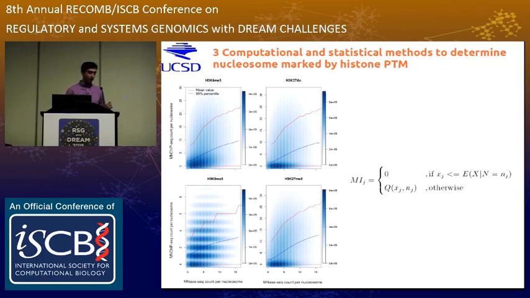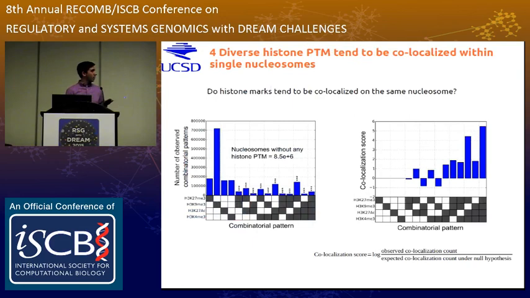So now that we have the nucleosome map and we know which of them are marked by a particular histone, we ask the question: do these histone marks tend to be co-localized or independently distributed in the genome? What you are seeing here is the number of observed combinatorial patterns. We took all 16 possible combinations of these 4 histone marks.